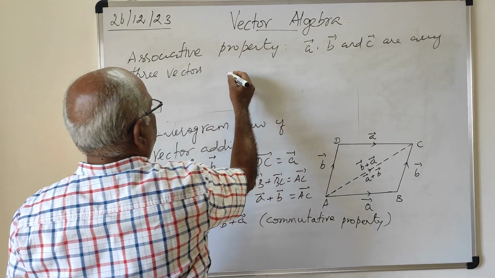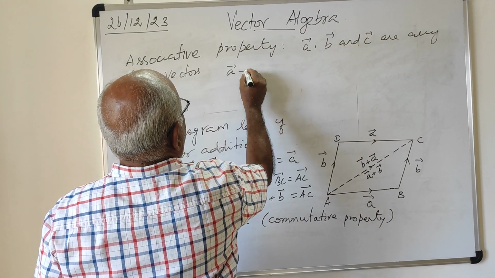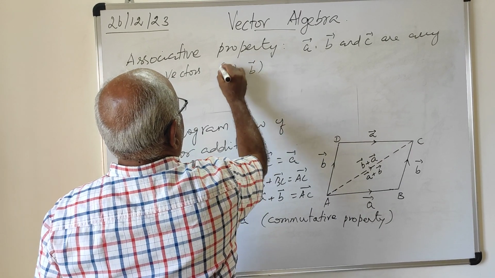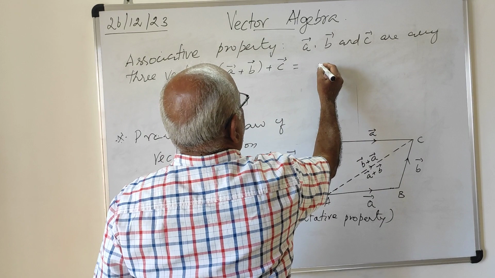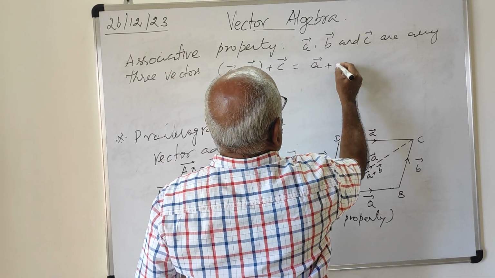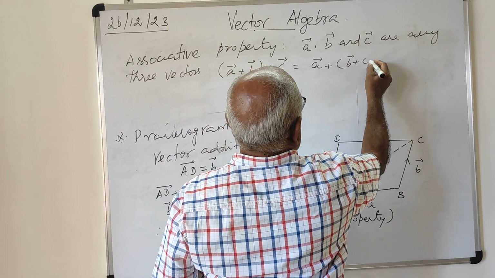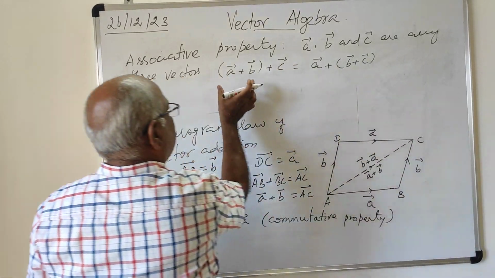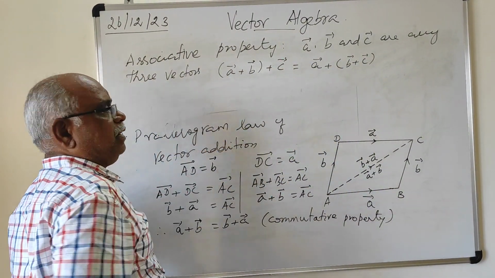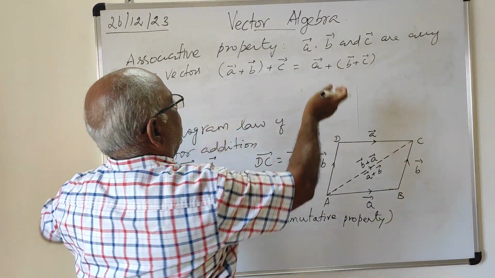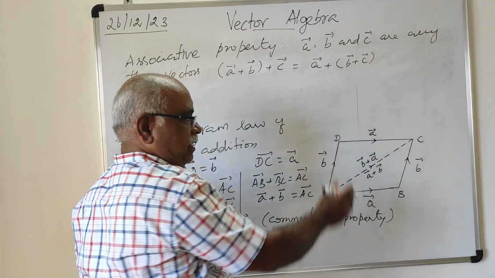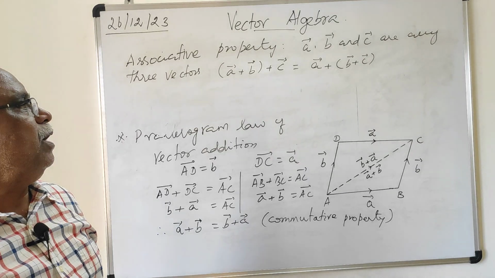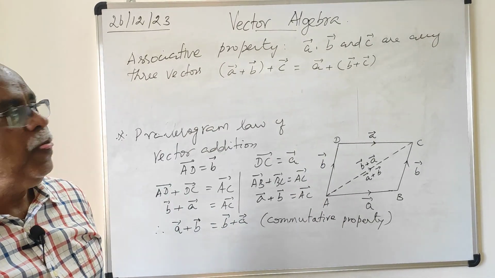The associative property indicates that A vector plus B vector, plus C vector, is equal to A vector plus B vector plus C vector. You can associate these three vectors like this. This property is called the associative property of vector addition.